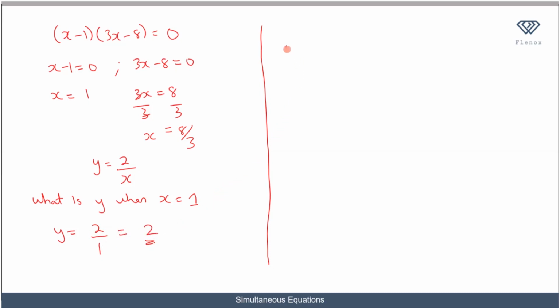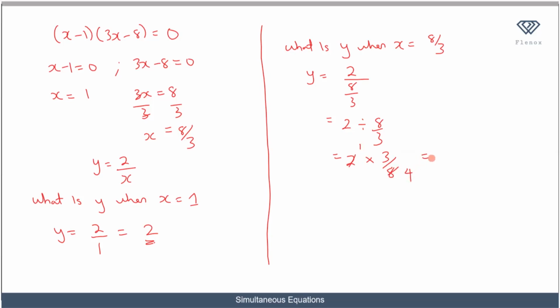Now we ask ourselves again, what is y when x is equal to 8 over 3? My y will just be 2 over 8 over 3, which is the same as writing 2 divided by 8 over 3, which is the same as writing 2 times 3 over 8. 2 here becomes 1, 8 here becomes 4.